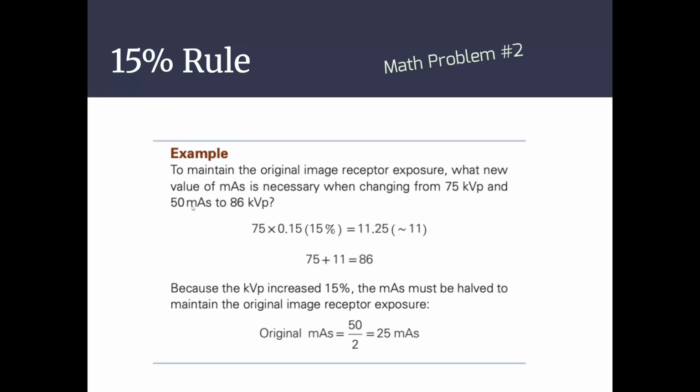So we take the original mAs, 50, and divide it in half, which is 25. So our new technique, 86 kVp and 25 mAs, will give the same exposure as 75 kVp and 50 mAs.